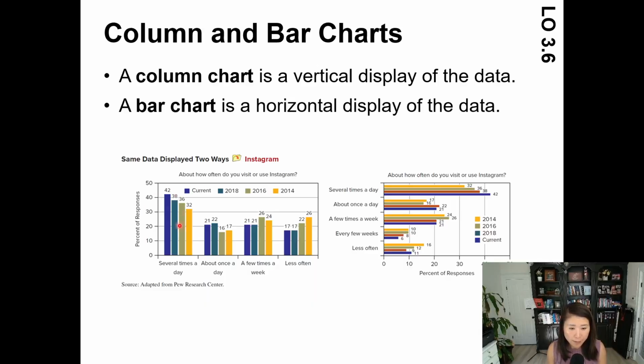So as you look at these two examples, both represent bar charts. Like I said, Excel gives the vertical and horizontal bar charts different names, but you just need to know both are bar charts.